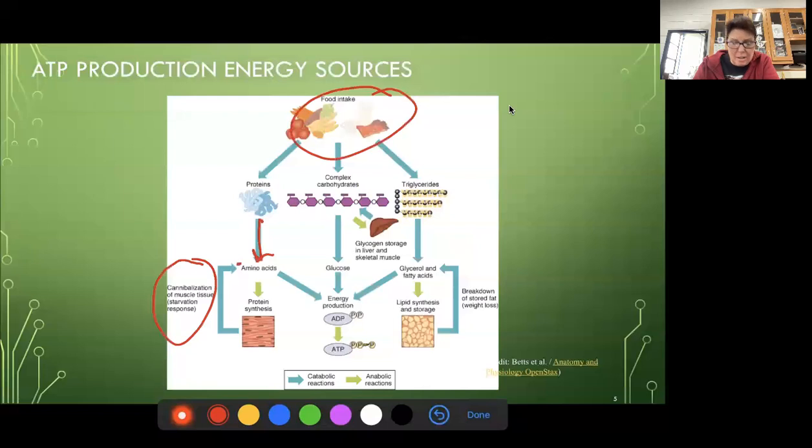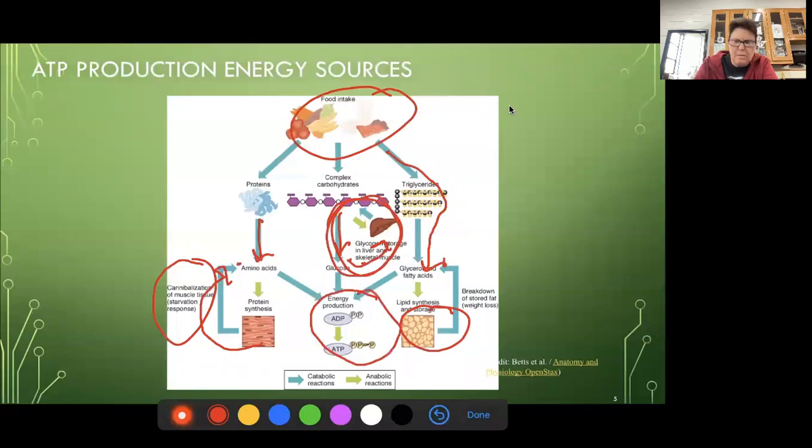But if we need to, we can start to break down our own proteins if we are starving. And then we also have this process where we're breaking down, again catabolism, sugar. We can also store sugar as glycogen. So we can kind of go around and around on that one with the liver. And we also have our fats, which we can break down, or we can store. All of these are going to be used to make ATP.